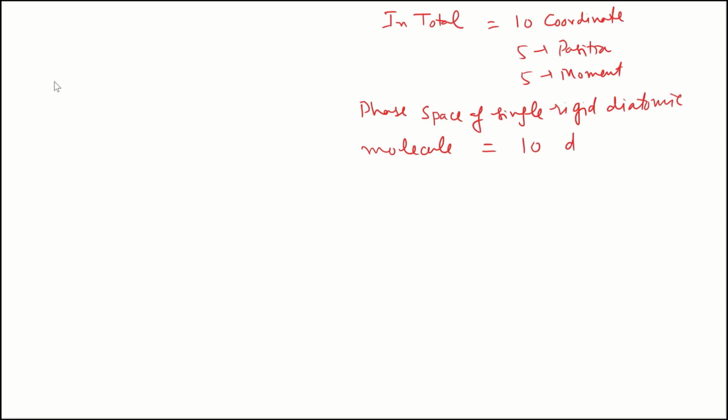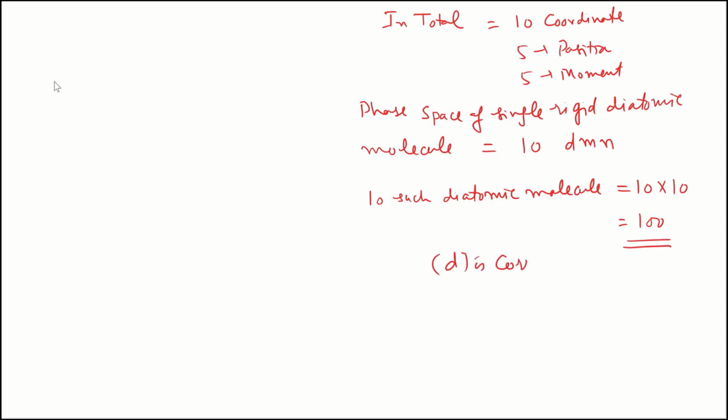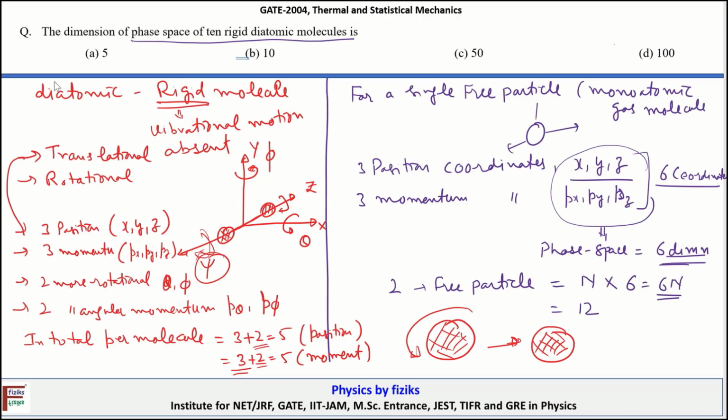For 10 such diatomic molecules, the corresponding phase space will be 10, the number of gas molecules, multiplied by the dimension of phase space of one single gas molecule, so that is 100. Therefore option D is the correct one. So D, that is 100.